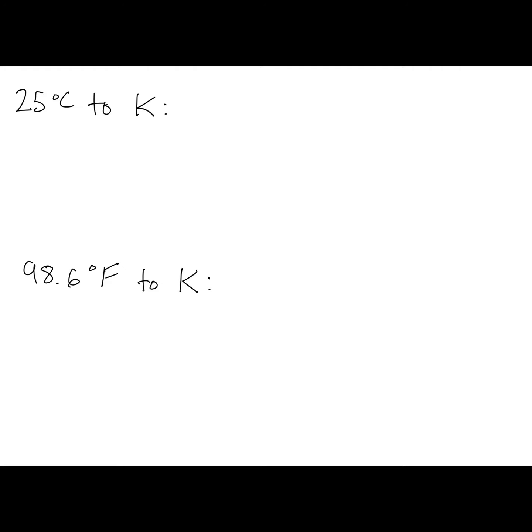Our next problem is 25 degrees Celsius to Kelvin. So, Kelvin is equal to degrees Celsius plus 273.15. So all we need to do is input our variable.